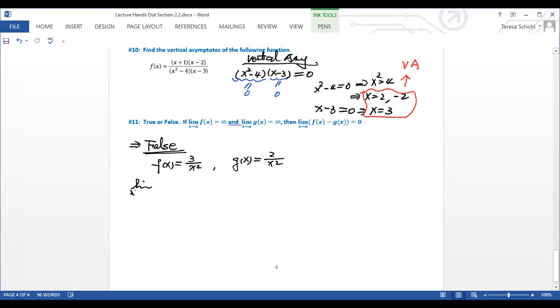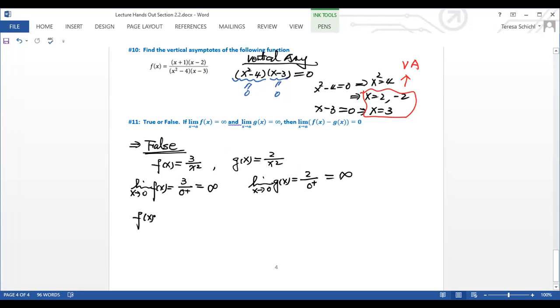The limit as x approaches 0 of f of x, what is this one? It will approach 0 from the positive side, so it's always a little bit bigger than 0, so it's infinity. The same way, as x approaches 0, g of x is 2 to the little bit bigger than 0, so it is infinity, and it satisfies this condition.